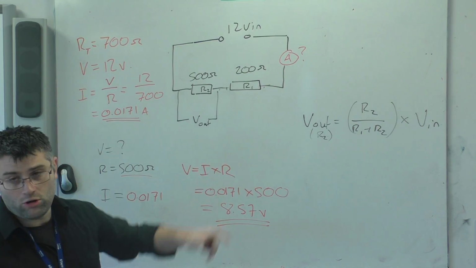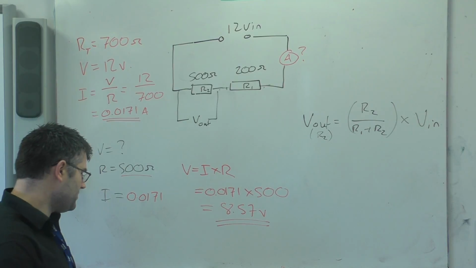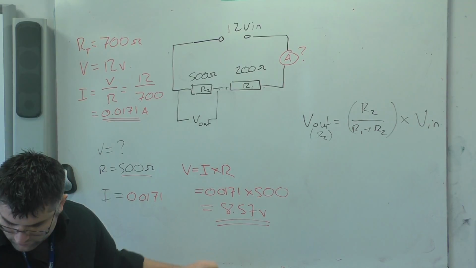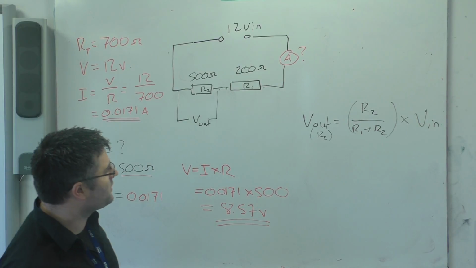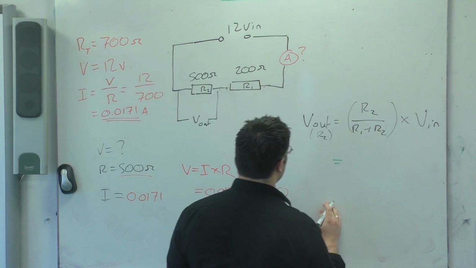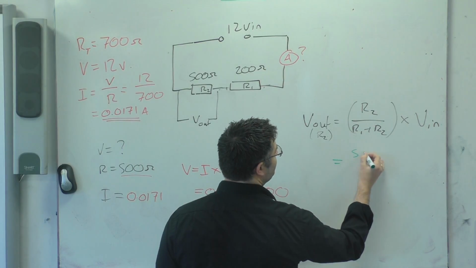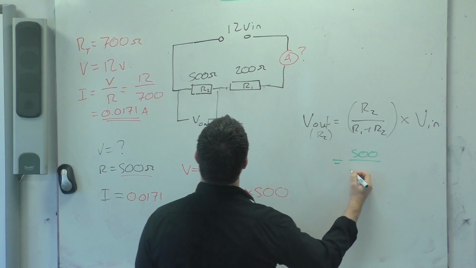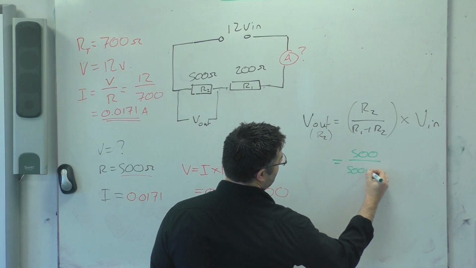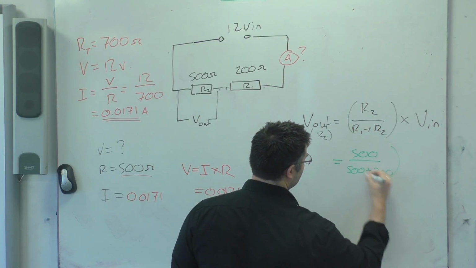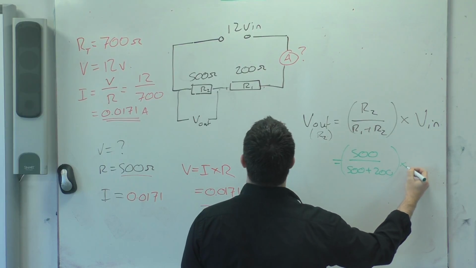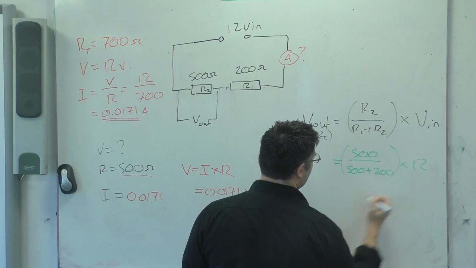Or you could use the equation over here. So if we do this equation as we've shown here, R2 is 500 ohms divided by 500 plus 200, times the voltage in, which is 12.